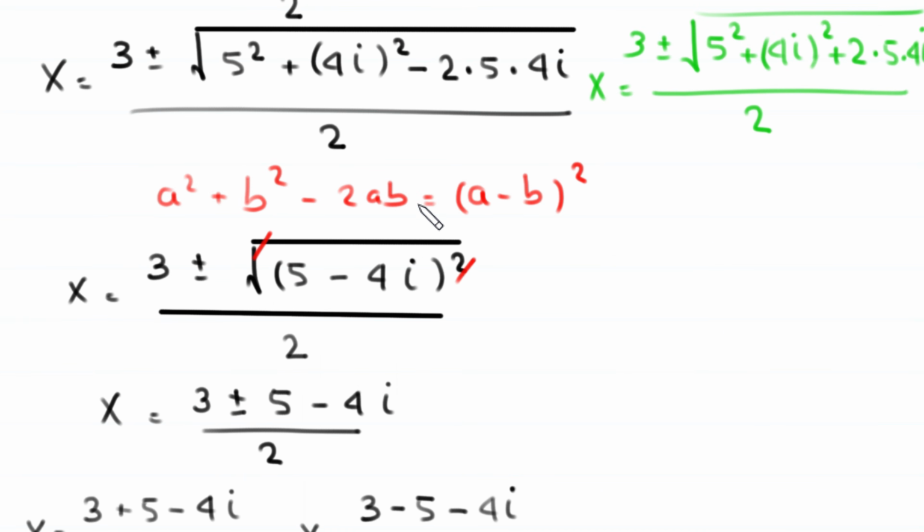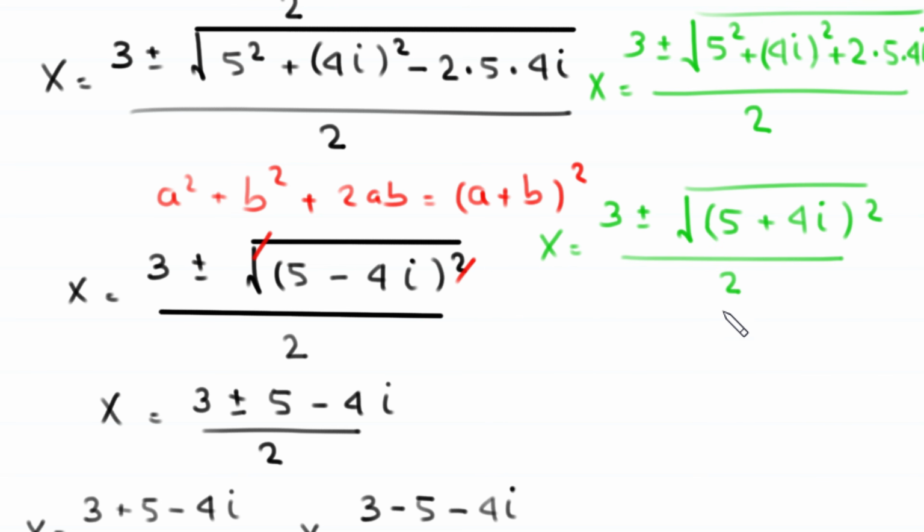By using this algebraic identity, a squared plus b squared plus 2ab equal to (a plus b) whole squared, this will become x is equal to 3 plus minus the square root of (5 plus 4i) whole squared divided by 2, and x will be equal to 3 plus minus (5 plus 4i) divided by 2.